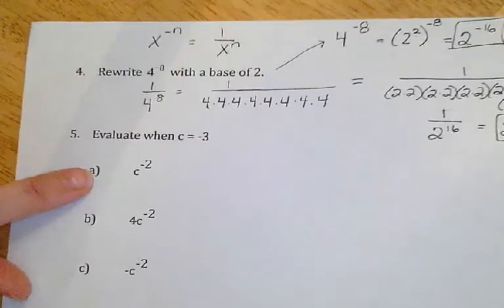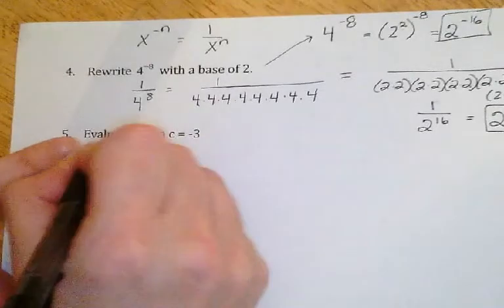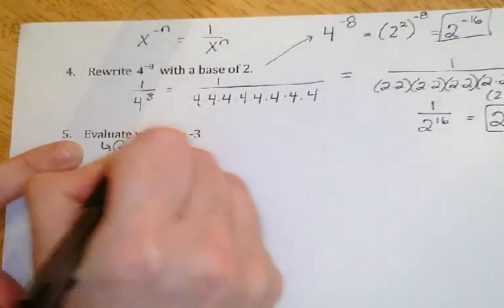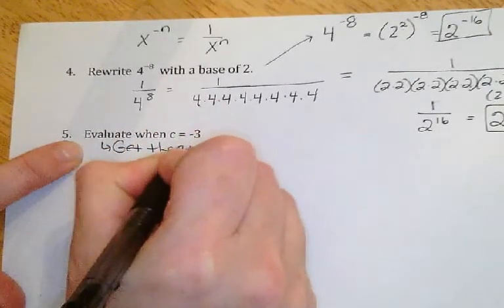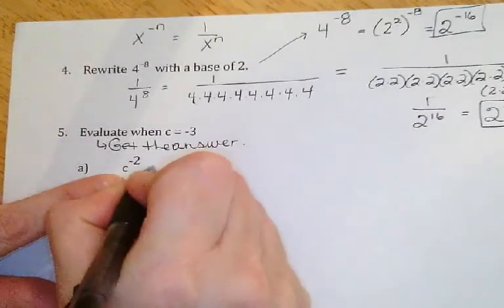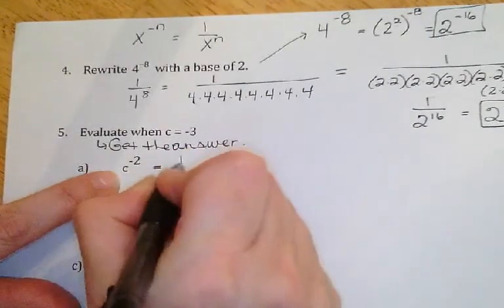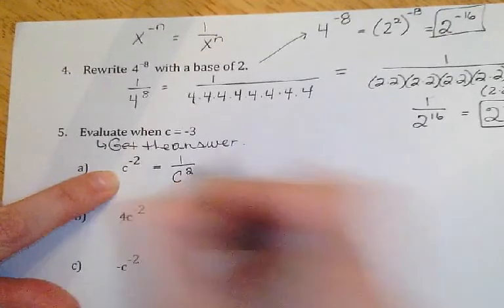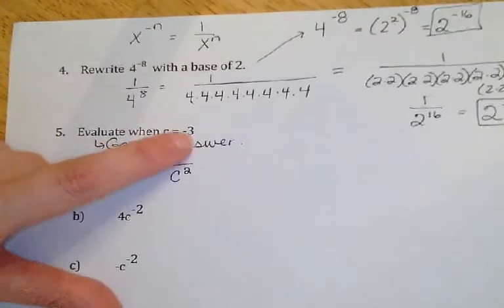Okay. So for number 5, it says to evaluate. That means we have to actually get the answer. So it'll be okay to use a calculator here if we need it. So for the first one, I'm first going to replace this with 1 over c to the positive 2. Well, c is negative 3.